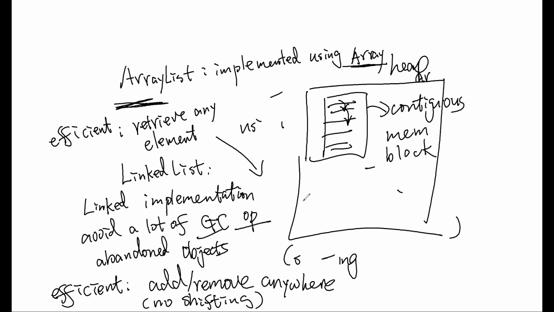Versus the linked implementation, which doesn't need that. You have a node here, and you have another node maybe there. Wherever a patch of memory is available, you can connect them.